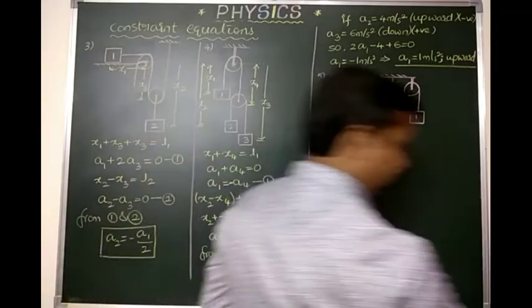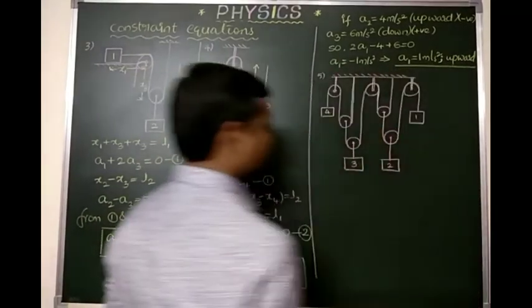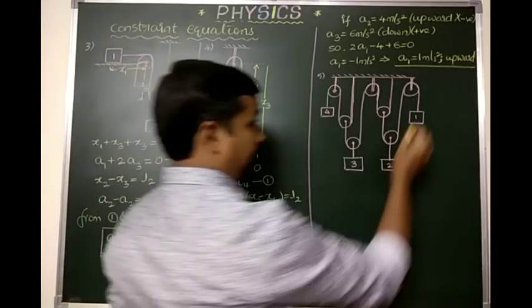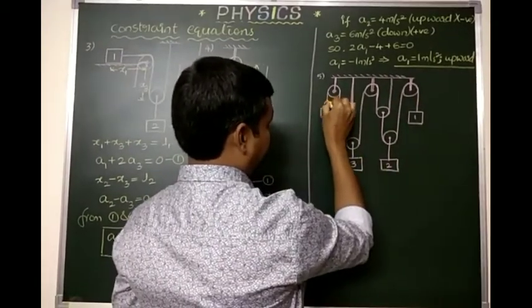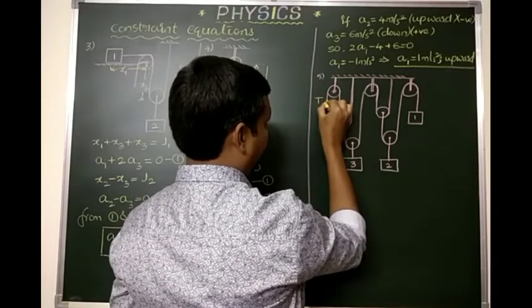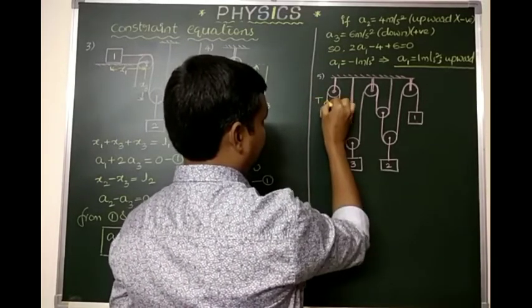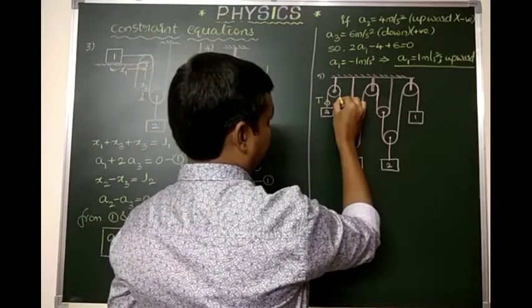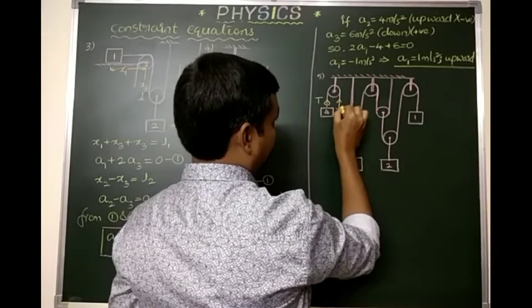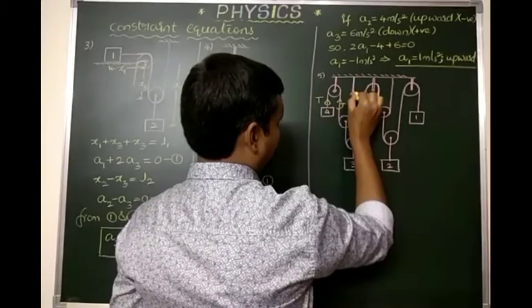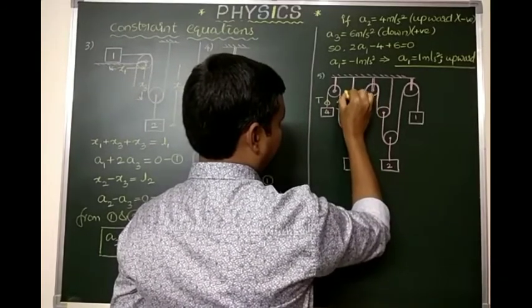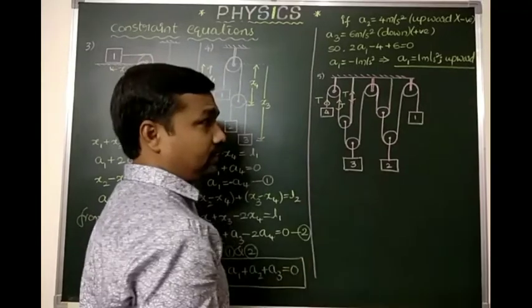So for that we are taking the second method. Here I am considering a tension T in the upward direction and also the downward direction. In the same string, the tension remains constant, T again. This also gives the same tension, because it is only one string.